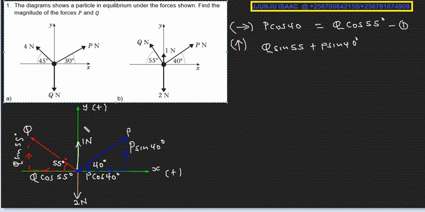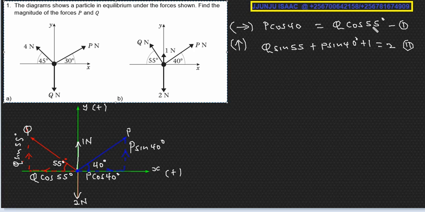Then there is 1 Newton, and there is also a 2 Newton force. No, 1 up, then 2 down. So we shall get 1 minus 2, then equal to 0, because we have added all of them. Or we can just say that all the upward forces, Q sine 55, P sine 40, and 1 should be equal to 2, if we are to resolve in that form.